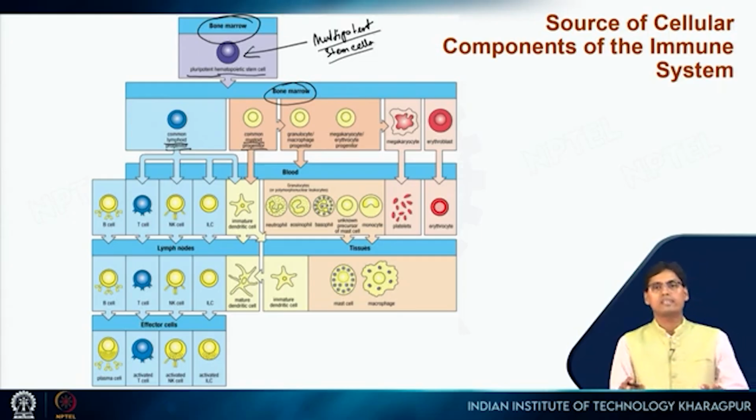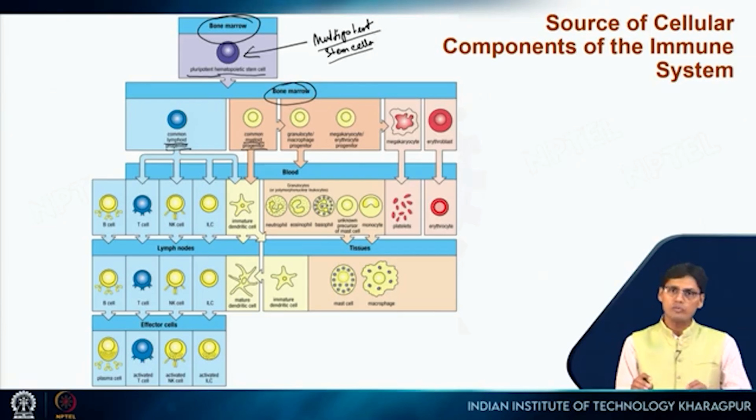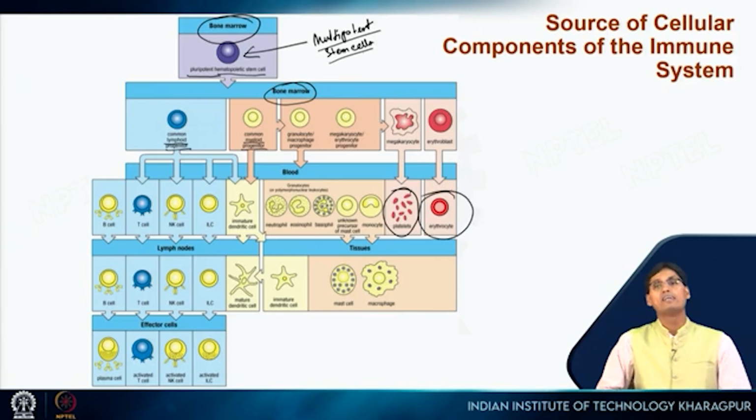There are many things here I would like to mention, but if you don't remember all of them, that should be fine. Our basic idea here is that all those cells originate from our bone marrow, followed by some differentiation, and finally we get erythrocytes. All of you know this is the red blood cell, which carries oxygen, right? And platelets, which help in blood clotting.